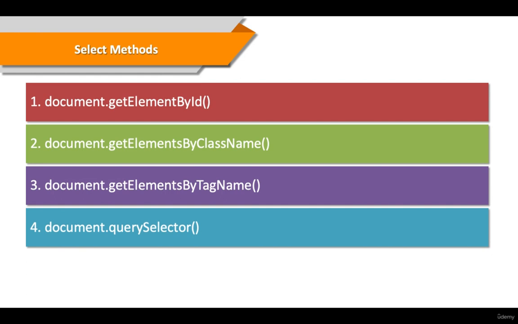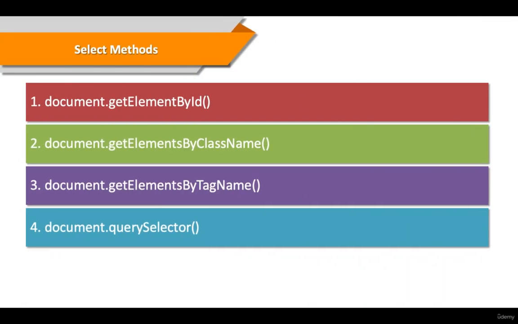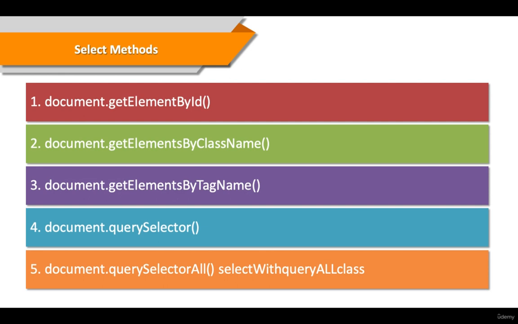Now remember how we used this in the previous video? So this querySelector is a newer method that hasn't existed for all that long. And our next method is document.querySelectorAll. Okay? So these are the 5 selector methods that we're going to explore the usage of.